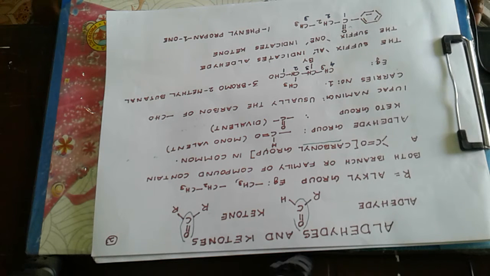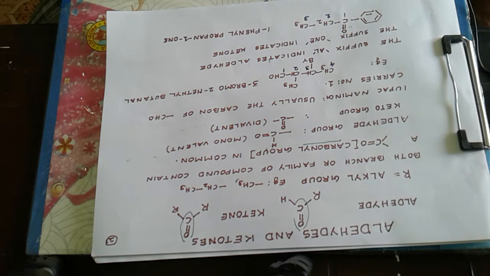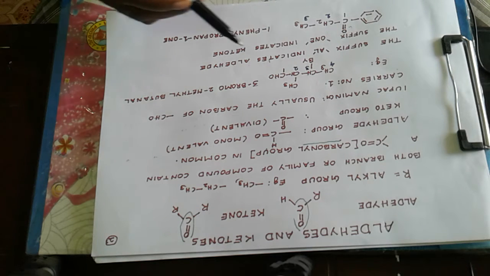Now coming to the IUPAC naming of some compounds. When such a compound is given, the preference is given to the aldehyde carbon. The order of preference of various groups is COOH, and then comes CHO.